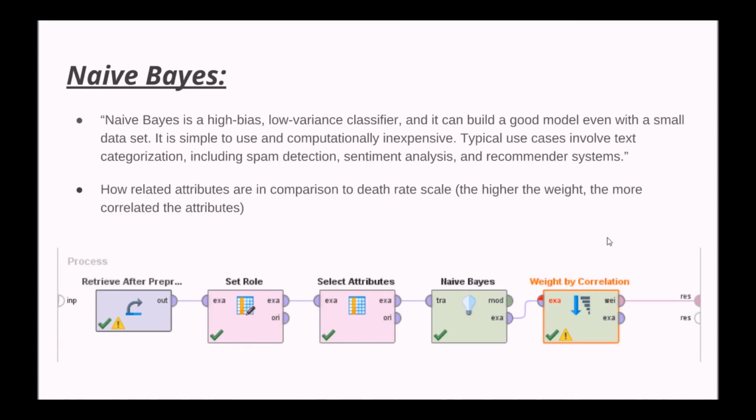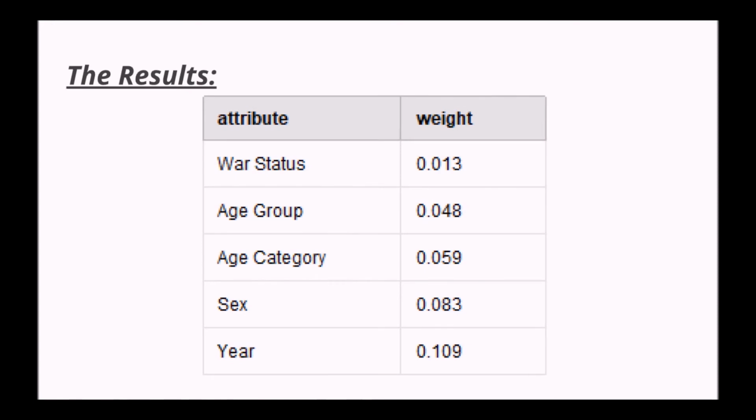If we look at the results here, surprisingly war status had one of the lowest correlation weights, and one of the highest was actually the year.